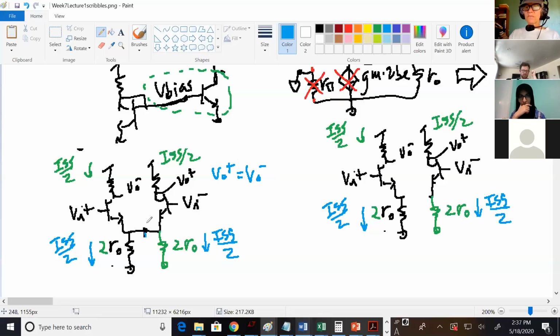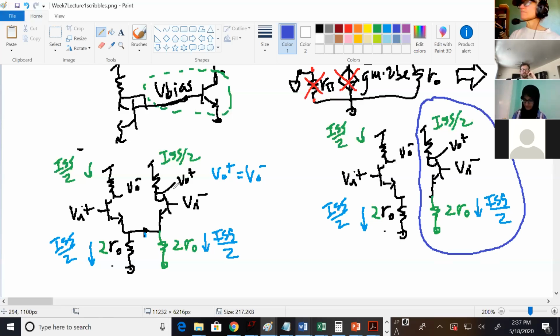Okay. So my claim is that now that I've cut this in half, I have two halves of the circuit. Since I know when I was looking at this whole circuit, I was setting Vn plus equal to Vn minus and watched how V out moved, my claim is that if we can find the gain of just this half of the circuit, it will give us our ACM.